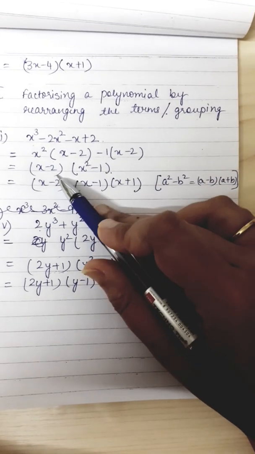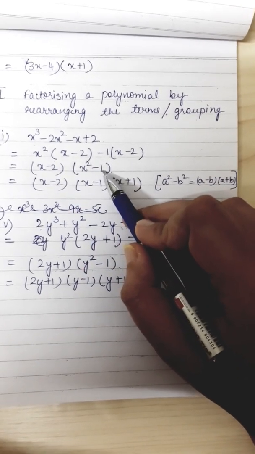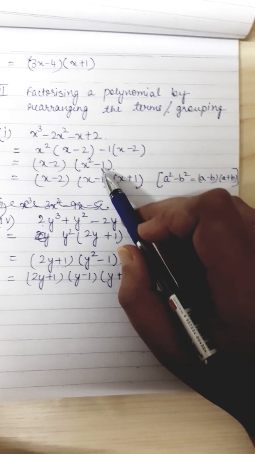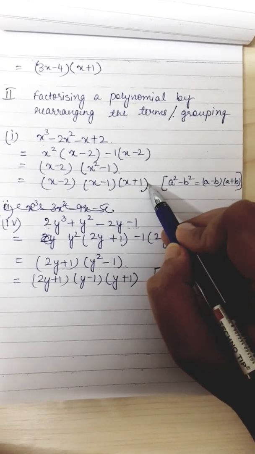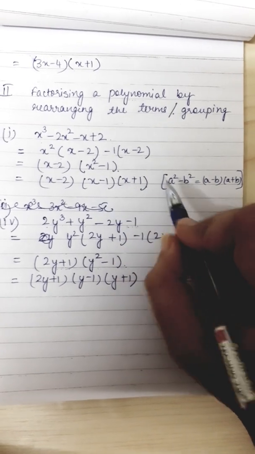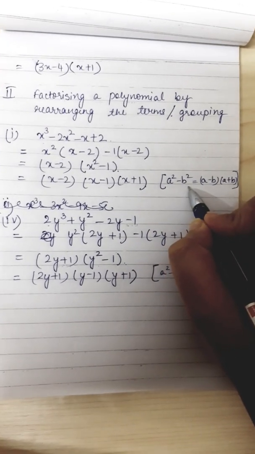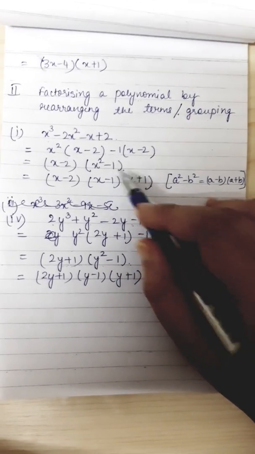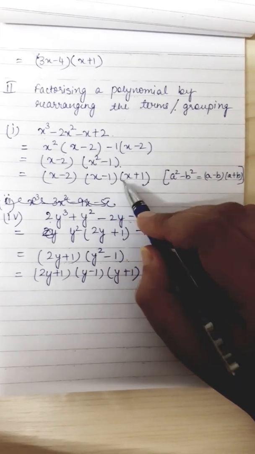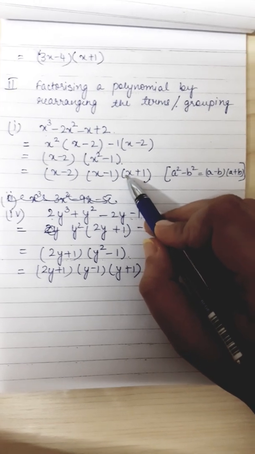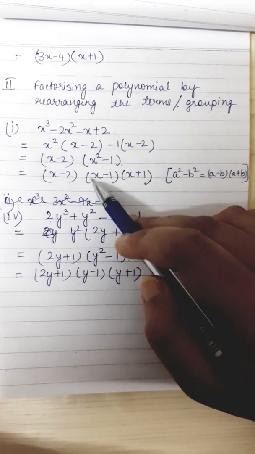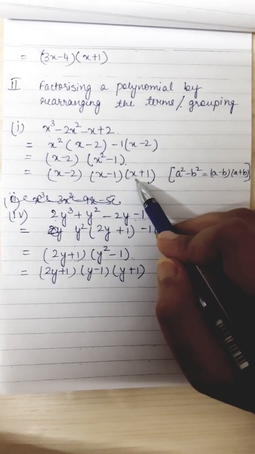So x minus 2 into x square minus 1. Now x square minus 1 I can further factorize as a minus b into a plus b, because this is in the form a square minus b square, x square minus 1 square, that is x minus 1 into x plus 1. So these are the three factors, and since it is a cubic polynomial it can have three factors.